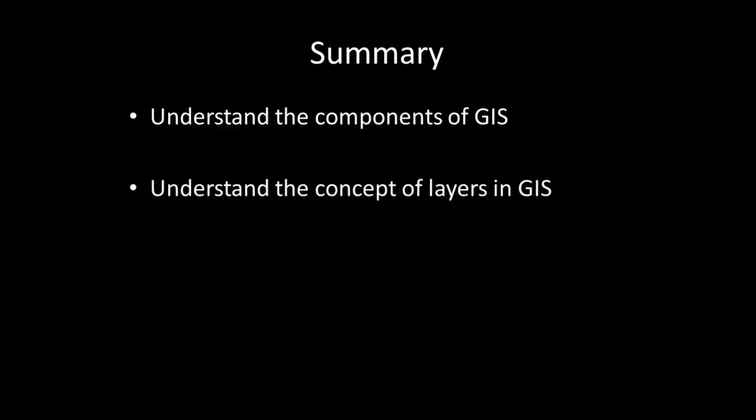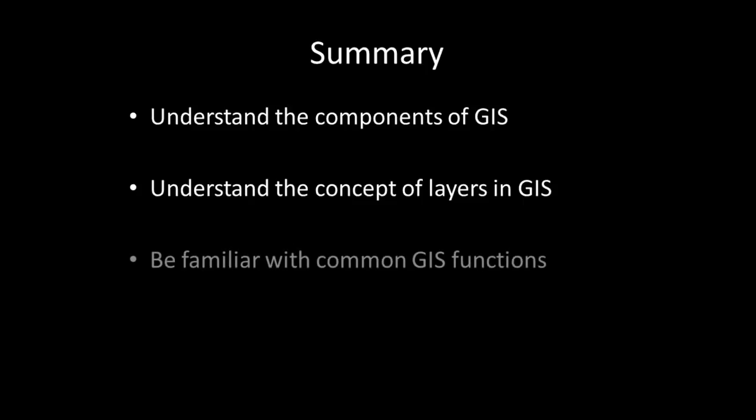In this lecture, you learned about Geographic Information System fundamentals. You should now understand the individual components of the system that comprises GIS. You should also understand the concept of map layers, which is used to reference various GIS datasets to one another using common geography.